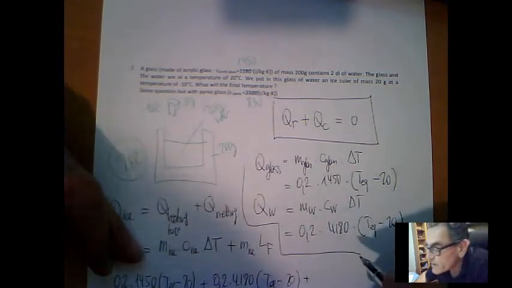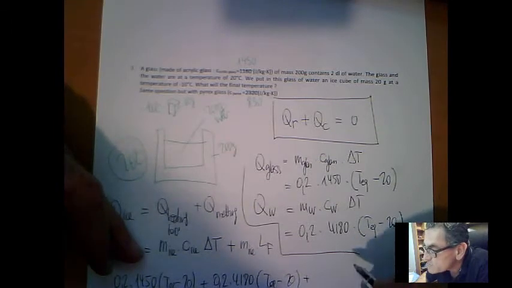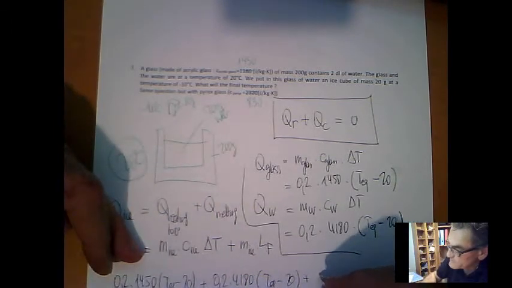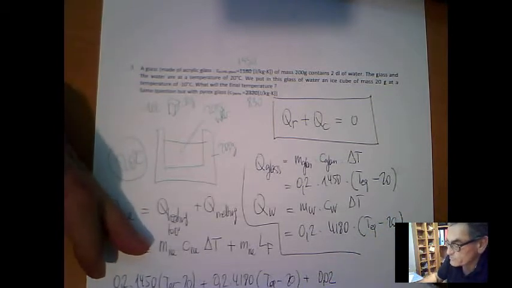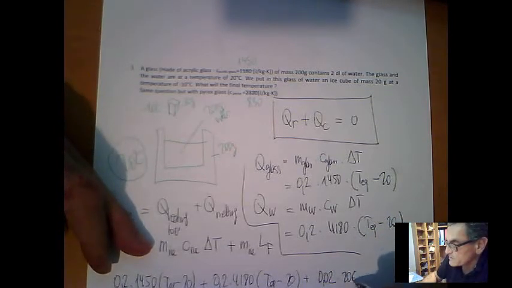The mass of ice, this ice cube is what? 20 grams. Okay, so it's 0.02 kilograms. Don't forget to put it in kilograms. Times the C of the ice, which is 2050, times the temperature difference. What's the temperature difference now? Can somebody tell me what I should put in here?